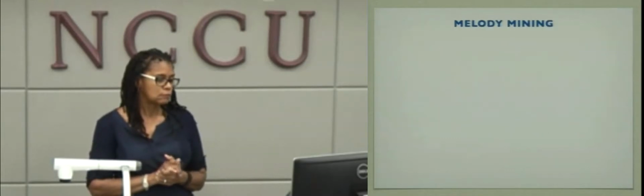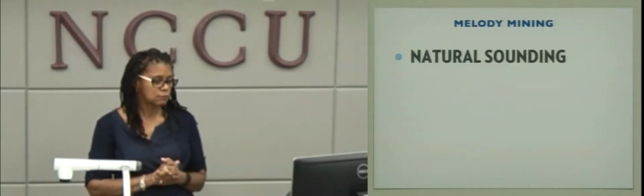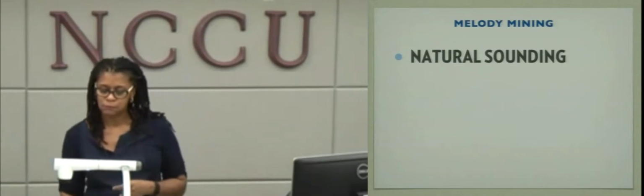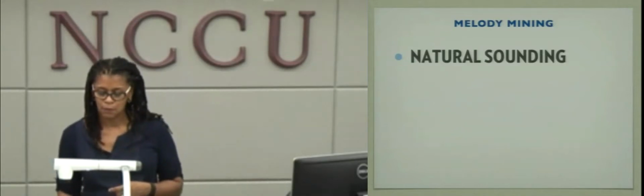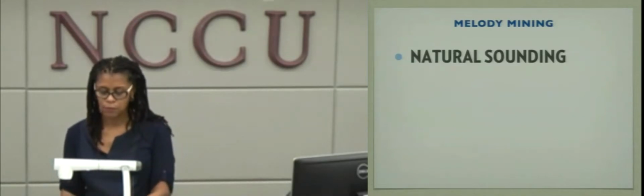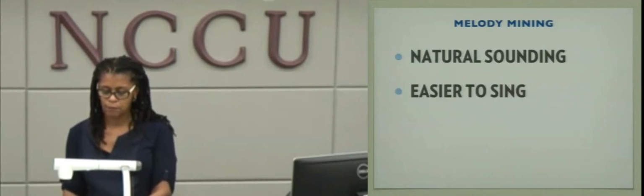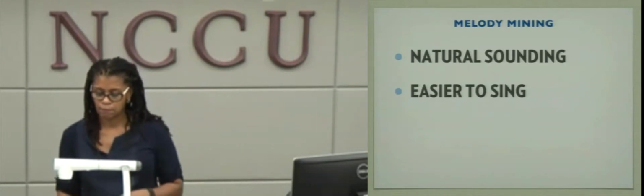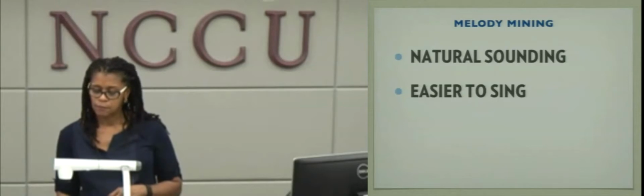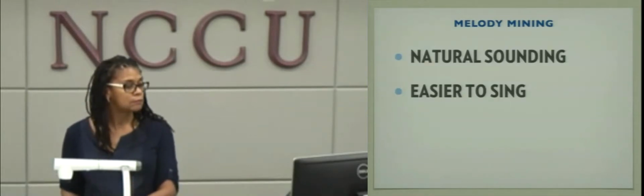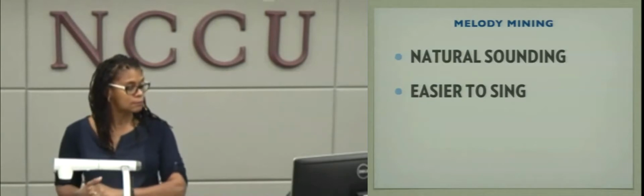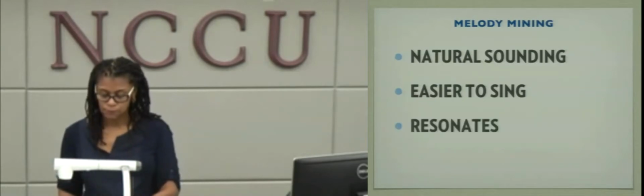So what's so good about melody mining? First of all, it's extremely natural sounding. If you write your melodies based on the way that human beings speak, it's going to sound real. It's going to sound like somebody talking. It's a lot easier to sing because generally you're not going to be saying sentences in a weird way. You're not going to be throwing in crazy Celine Dion notes into the way that you speak. So if you're going to write melodies based on the way that you talk, it's going to be very simple to sing.